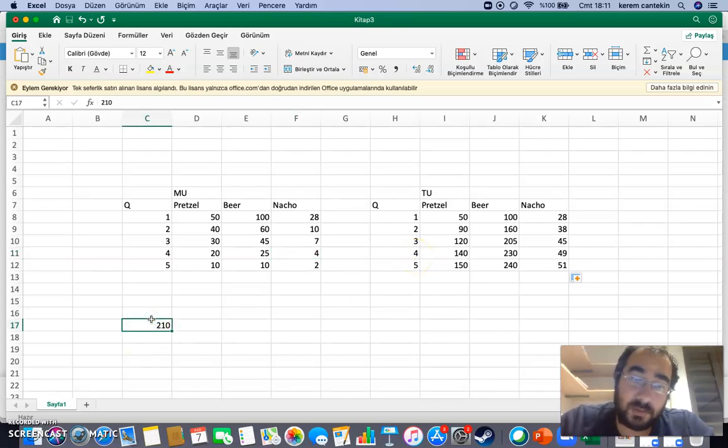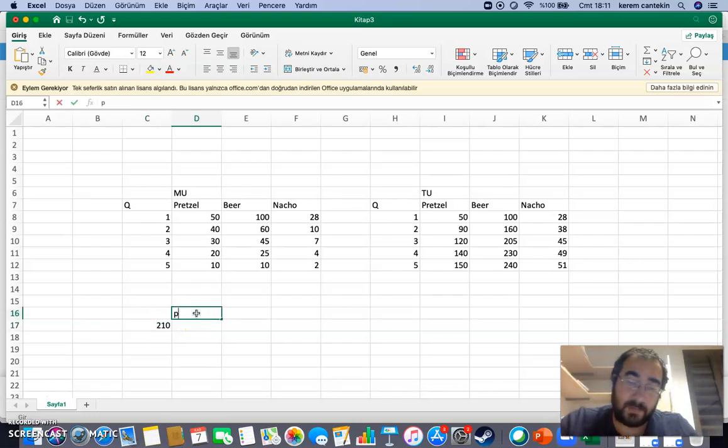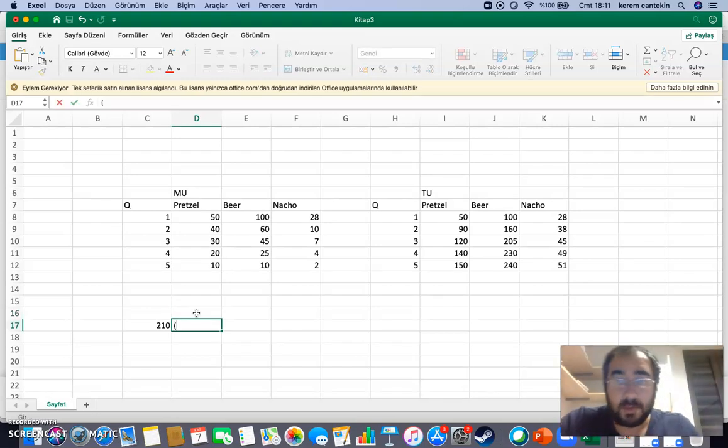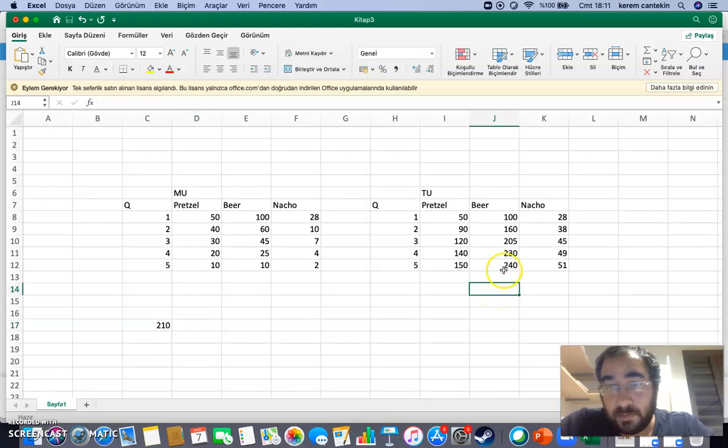So I want to reach 210. How many pretzels and how many nachos do I need to consume? For 210, for example, if I add 160 to 50, I get 210.